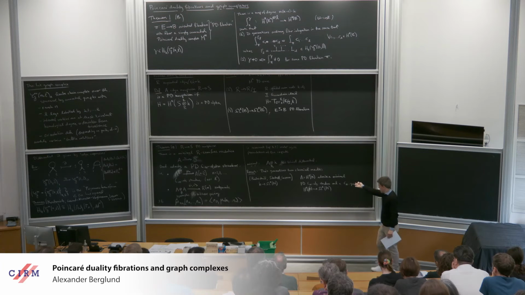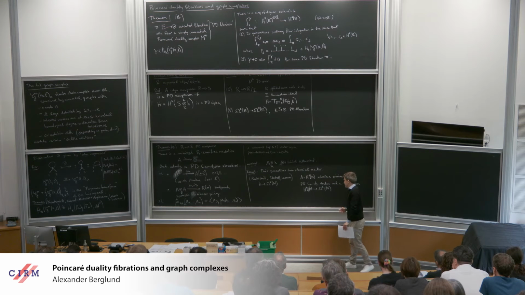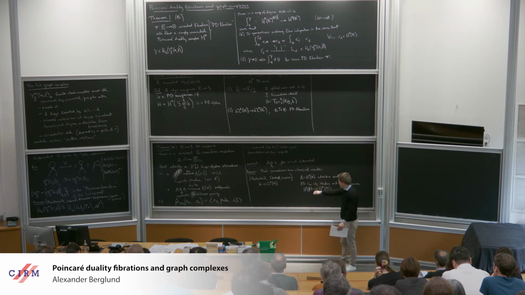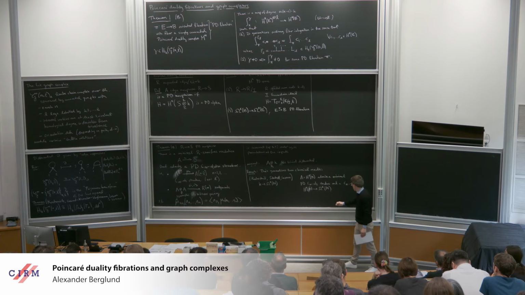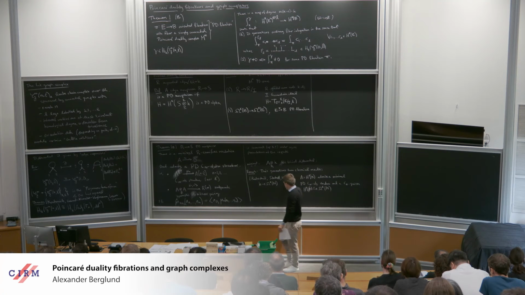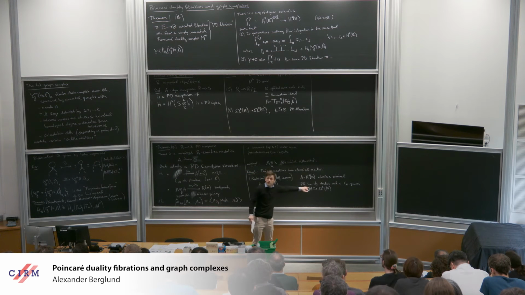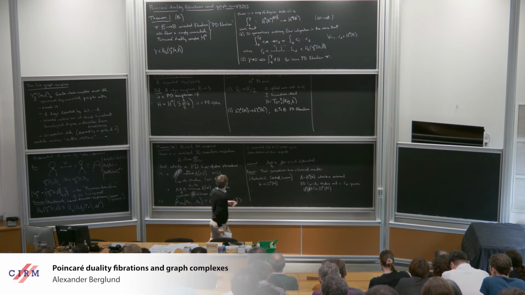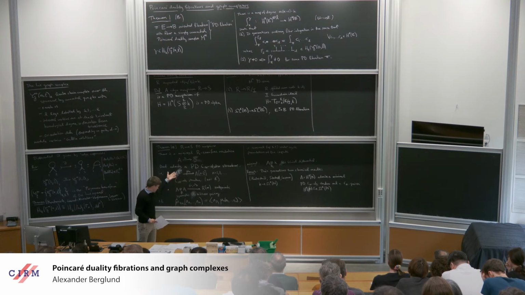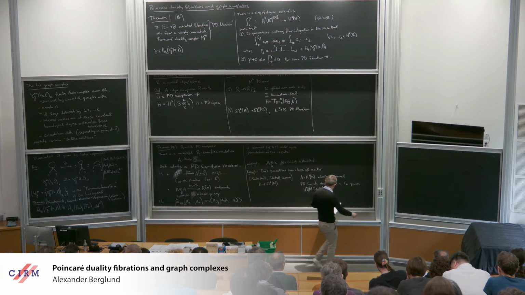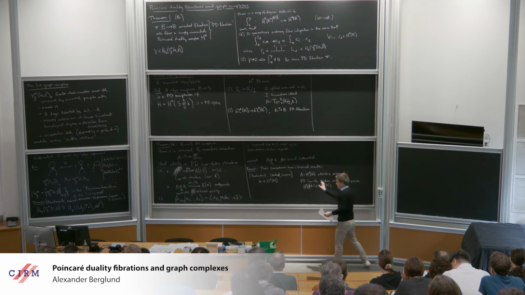So this is the classical result that says that the rational homotopy type of any simply connected space M is recorded by a C-infinity algebra structure on the cohomology. And the observation of Stasheff and Lazarev is that if M is a Poincaré duality space, then the C-infinity algebra structure can be made into a Poincaré duality C-infinity algebra structure in this sense. Okay, so that's a special case of this.